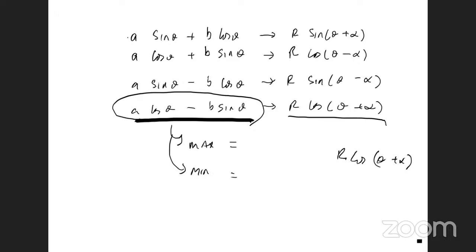R. So the largest value for cos theta is 1, so r times that makes it r. So the maximum value for a cos theta minus b sine theta is r. And if you had to guess, what's the minimum value? Minus r. Okay?